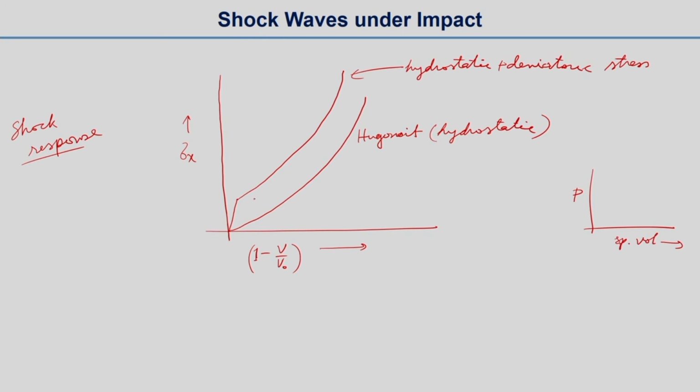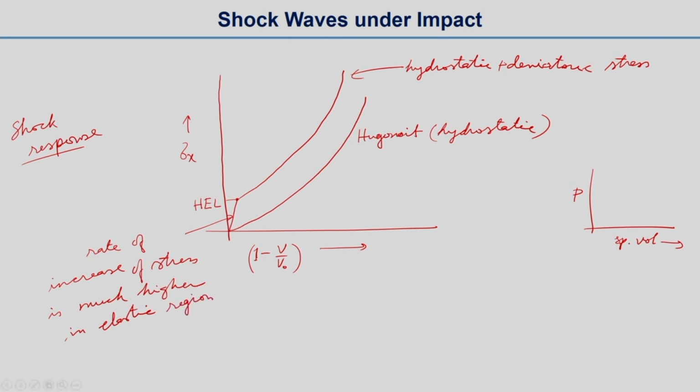This is the Hugoniot elastic limit, HEL, this point. The rate of increase of stress is much higher in the elastic region, which you can see from here.